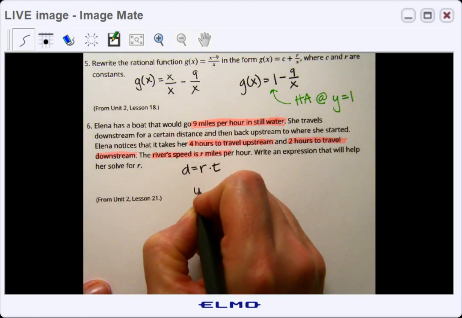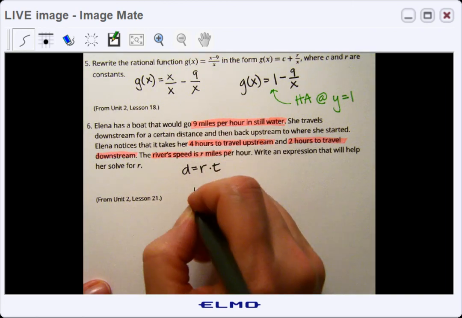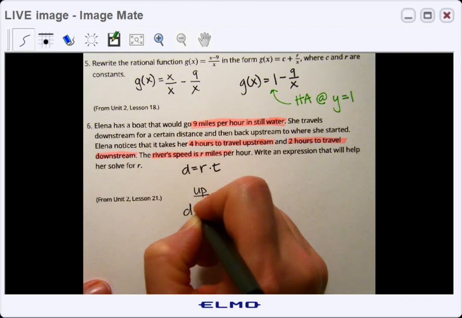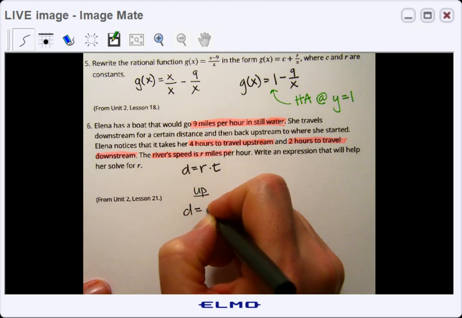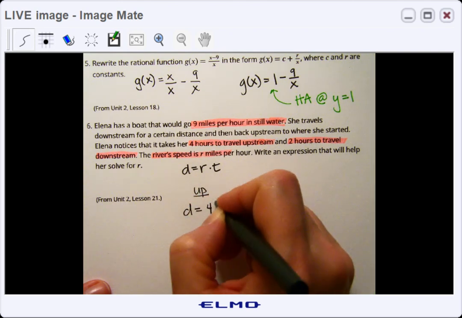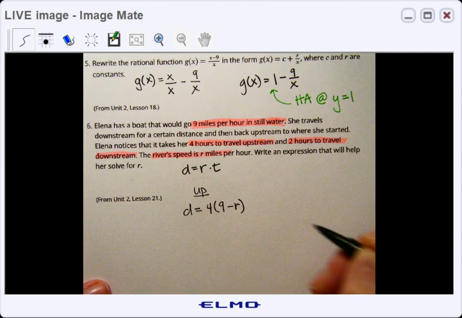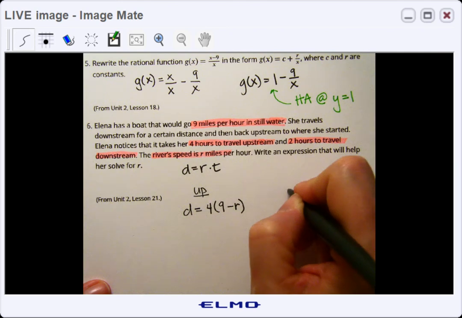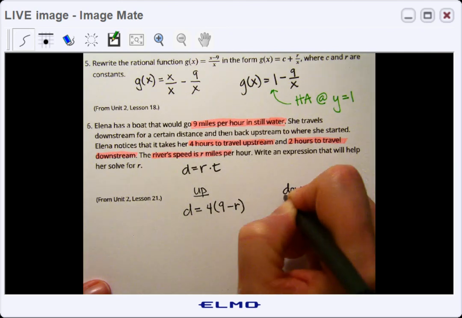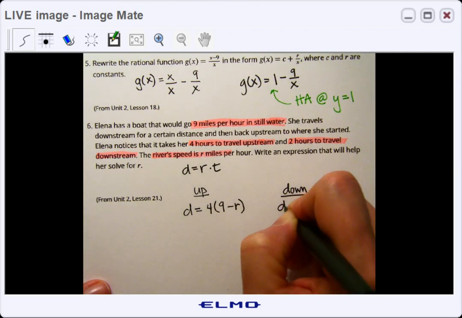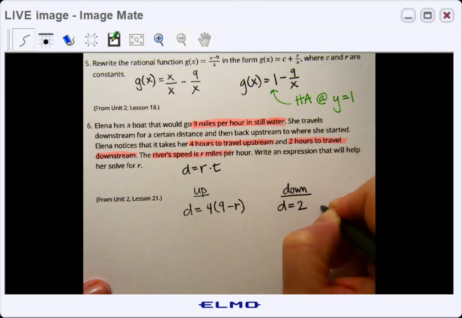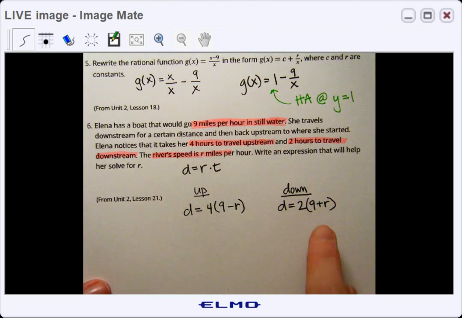So upstream, we can say the distance equals 4 hours and 9 minus r because it slows her down. Whereas going downstream, the distance is equal to, it only took her 2 hours because the river was speeding her up. So 9 plus r.